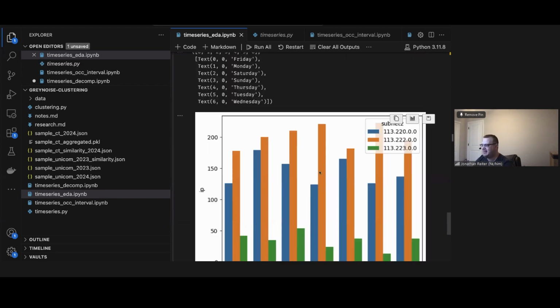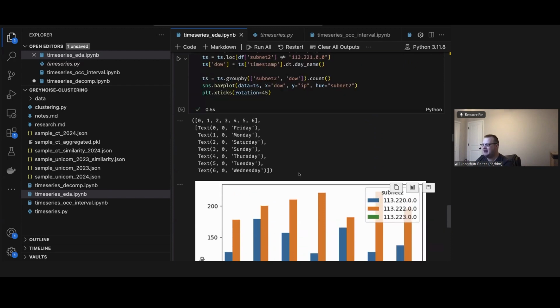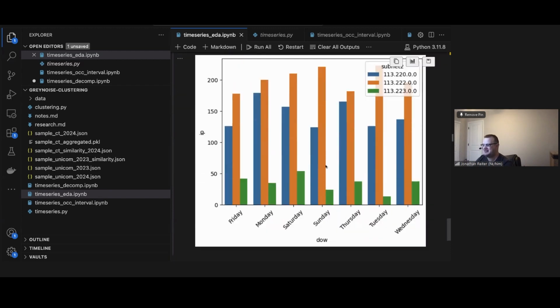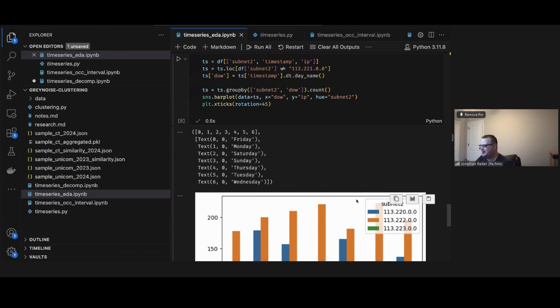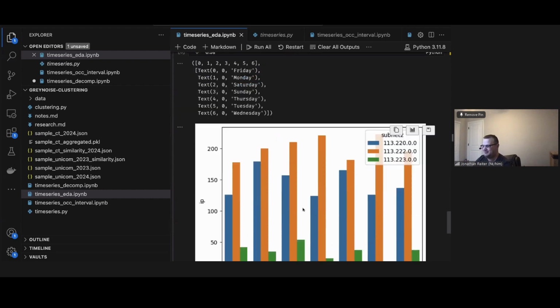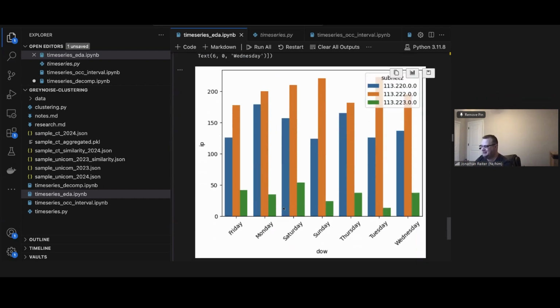And then if we look at day of the week in which things happen, again pulling out 221 because it dwarfs all other behavior, you can kind of see that it doesn't seem like there are human operators behind this, or operators that care about day of week.